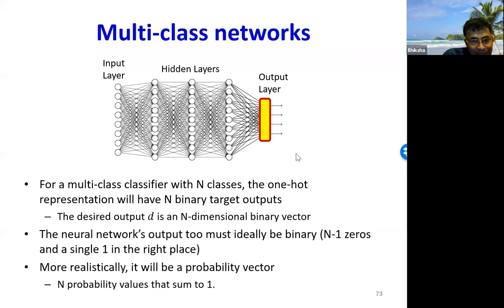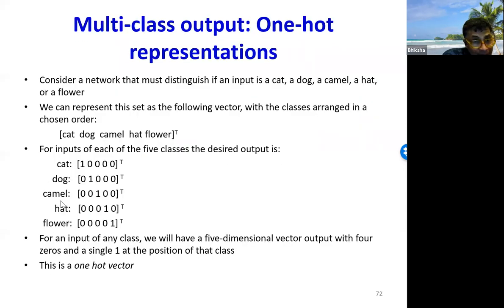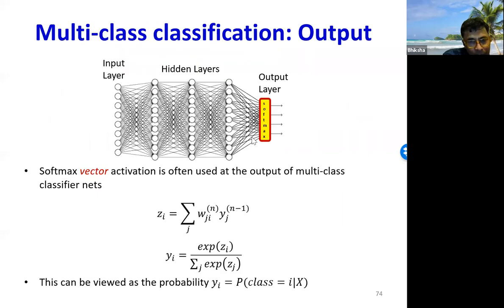So if I had this example of cat, dog, camel, hat, flower, then the first output is the probability that the input is an image of a cat. The second output is the probability that the input is an image of a dog, and so on. So this vector represents the probabilities of the classes.